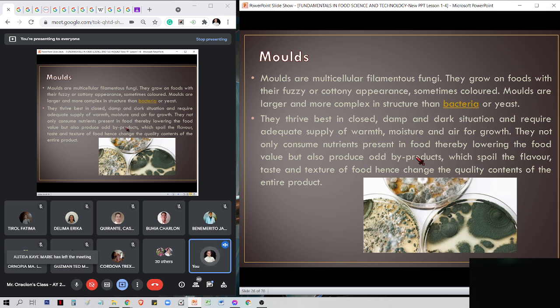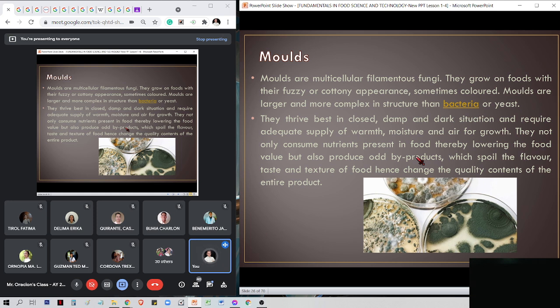Molds are larger and more complex in structure than bacteria or yeast. They thrive best in closed, damp, and dark situations and require an adequate supply of warmth, moisture, and air for growth. So they will grow if there is moisture and the presence of air.